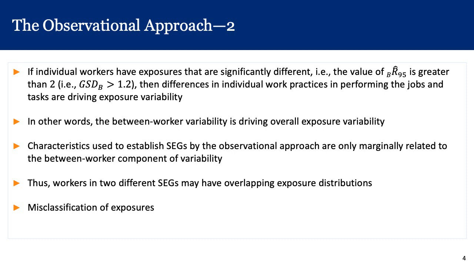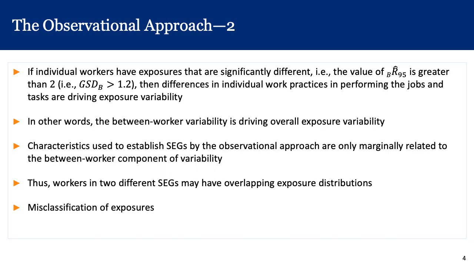However, if individual workers have exposures that are significantly different, that is, the value of the R95 is greater than 2, which corresponds to a between-worker GSD of greater than 1.2, then differences in individual work practices in performing the jobs and tasks are driving exposure variability.